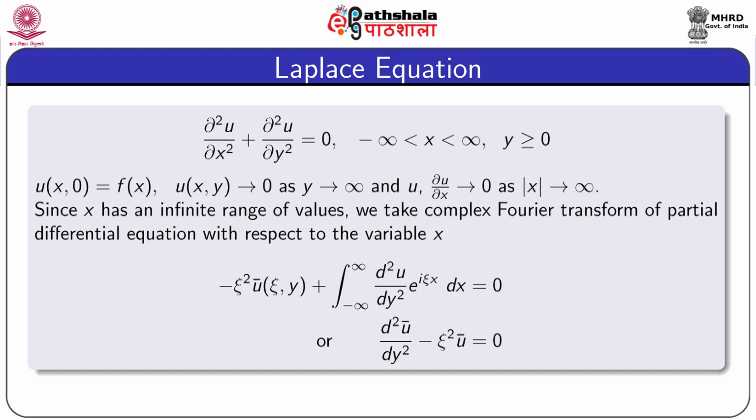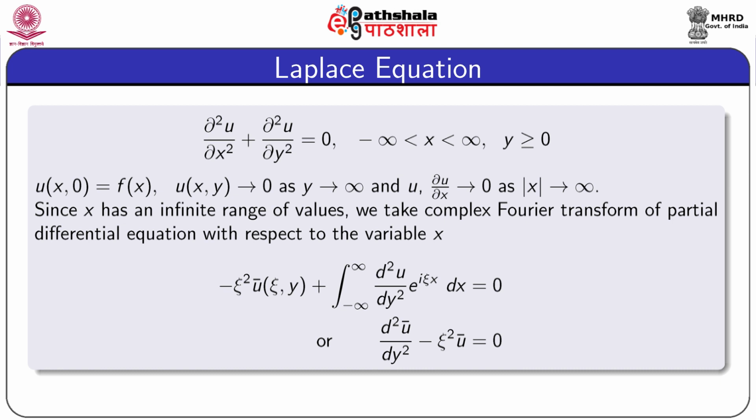Since x has infinite range of values, we take complex Fourier transform of the given equation with respect to variable x. So, we multiply the Laplace equation with e to the power i xi x and then integrate over x from minus infinity to plus infinity.